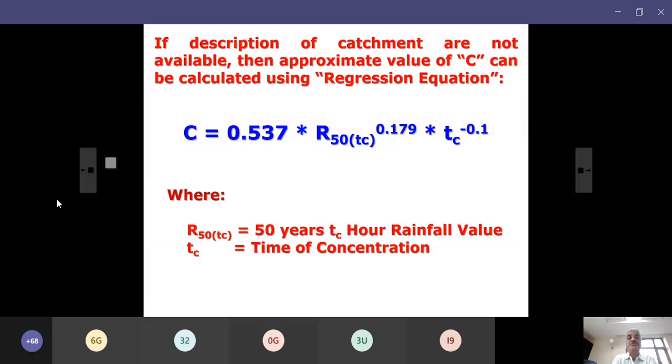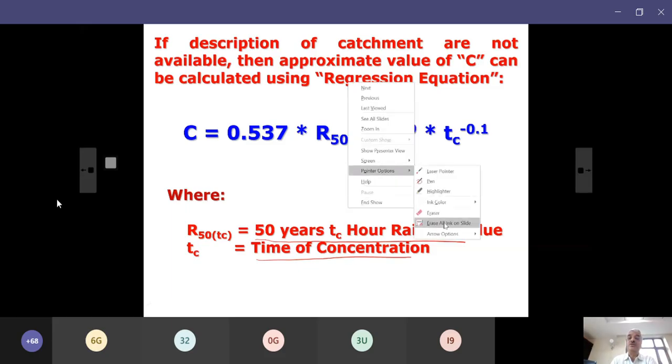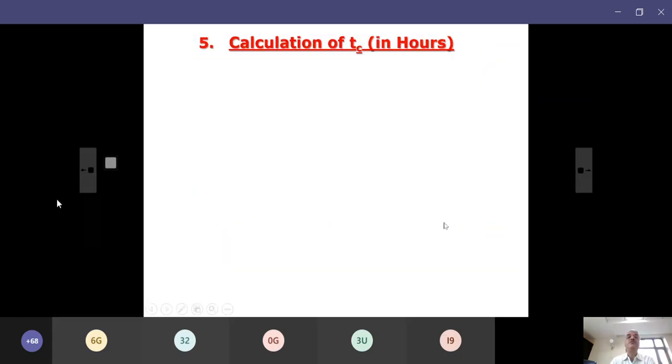R50 TC is again 50 years TC hour rainfall value, and TC is time of concentration. So first come to time of concentration. First of all, I think you must all be knowing what is time of concentration in a catchment. Yes, sir. ये तो आप सबने पढ़ा होगा. What is time of concentration for a catchment? So farthest point से outlet तक आने में जो time लगता है.